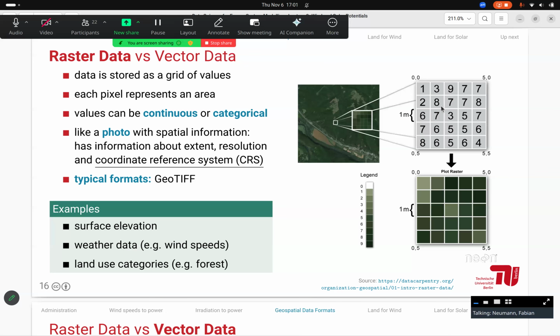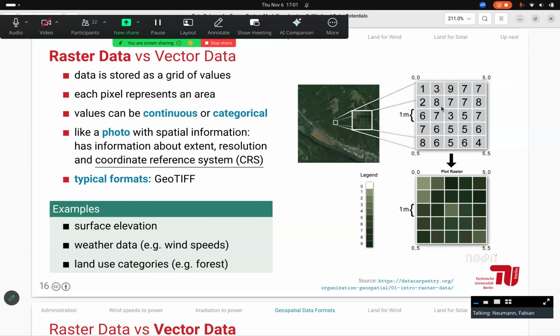And like in a picture, you can have different layers in these raster datasets. In a picture, you maybe have a channel for red, blue, and green. In raster data, you may have a layer for the year 2015, the year 2020, and the year 2025.